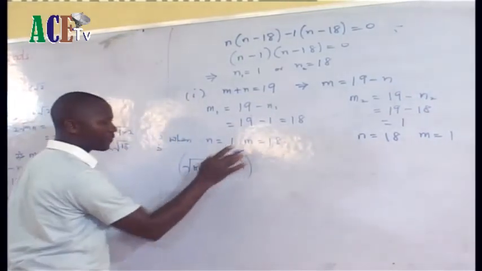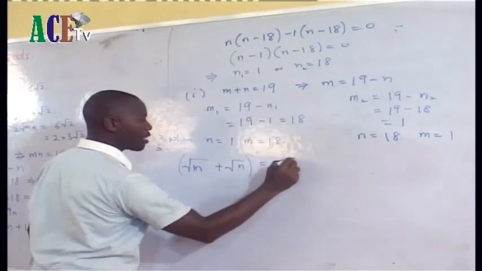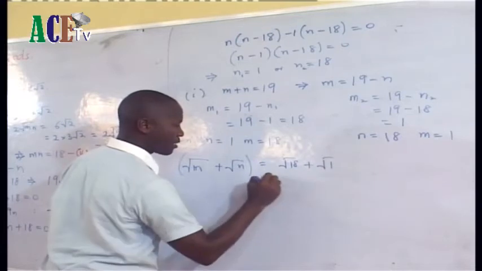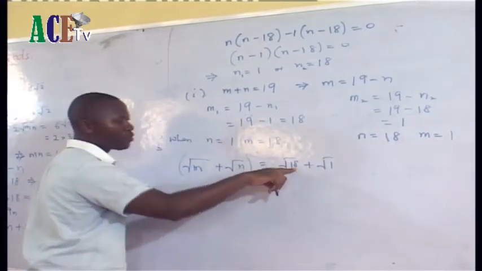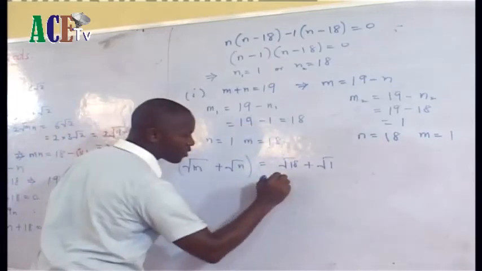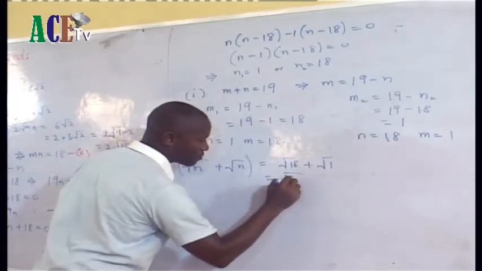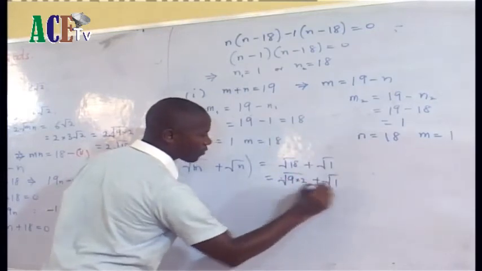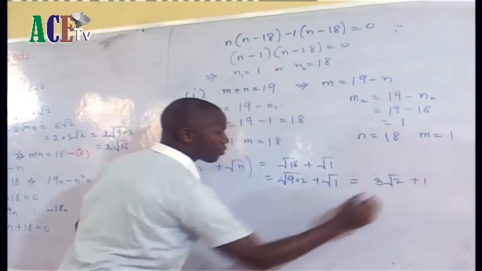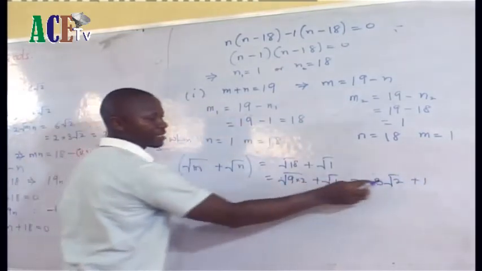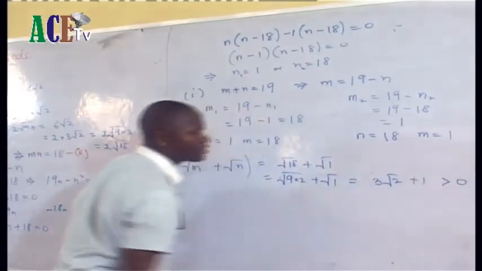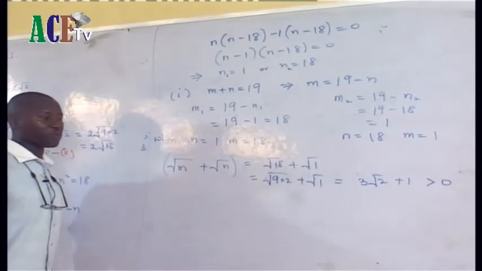When we pick the first case, we have the square root of 1 plus the square root of 18, which is 9 times 2, so we can write this as 3 root 2 plus 1. So this one gives us a positive square root.